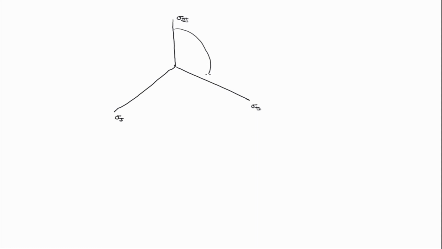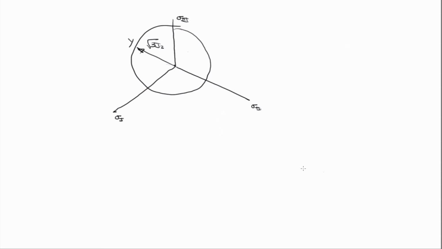Then this would be a circle. Sorry, that's not a very good circle. But the radius of that circle would be square root of 3J2, or y. So if you were to compute the principal stresses and find out where you're at in this space, you're either going to be inside the circle, in which case you're elastic, or you're going to be on the surface of the circle, in which case you're plastic.